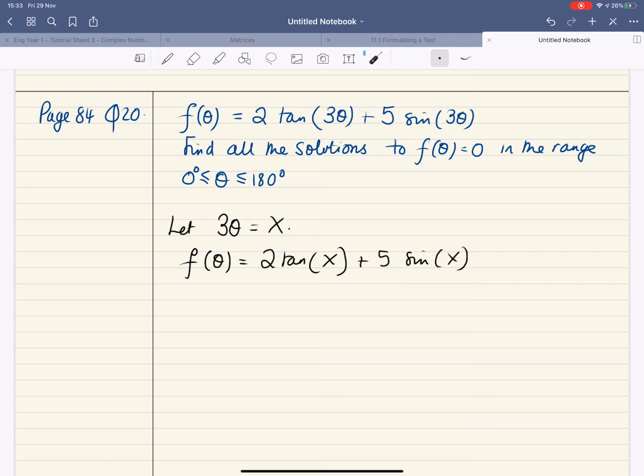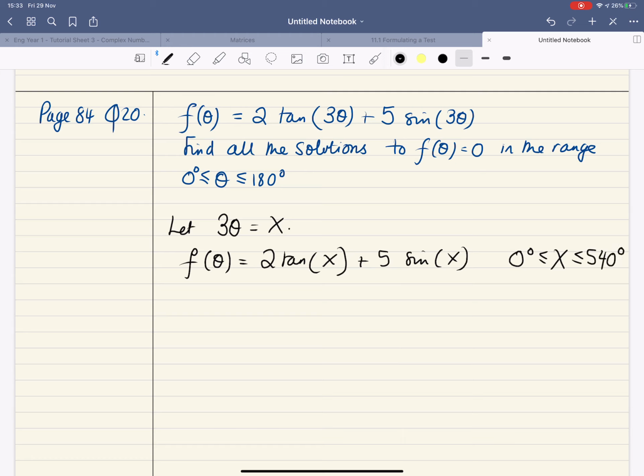And now look, the theta has been multiplied by 3. So we've got to multiply the range by 3 as well. And if there was plus or minus a bit in there, we'd also multiply that by 3. So we can say 0 is less than or equal to x is less than or equal to 540 degrees.